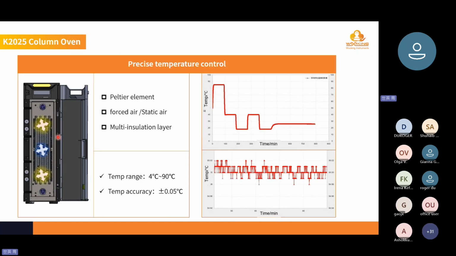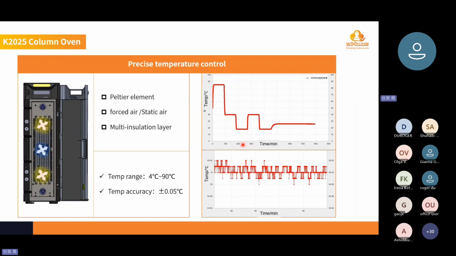Now, we are looking at a column oven with a door open. There are 3 fans, and behind these 2 fans are Peltier modules that can control the temperature of the column oven, and the 3 fans form a 3-dimensional air recycle, can make the chamber's temperature more uniform.